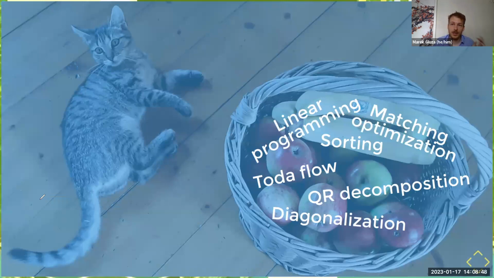So there are also classical double bracket flows for linear programming, Toda flow, QR decomposition, sorting, matching optimization. Today I only talked about diagonalization, so that's one thing that I described in literature now, but you could think of going further. Okay, thank you.